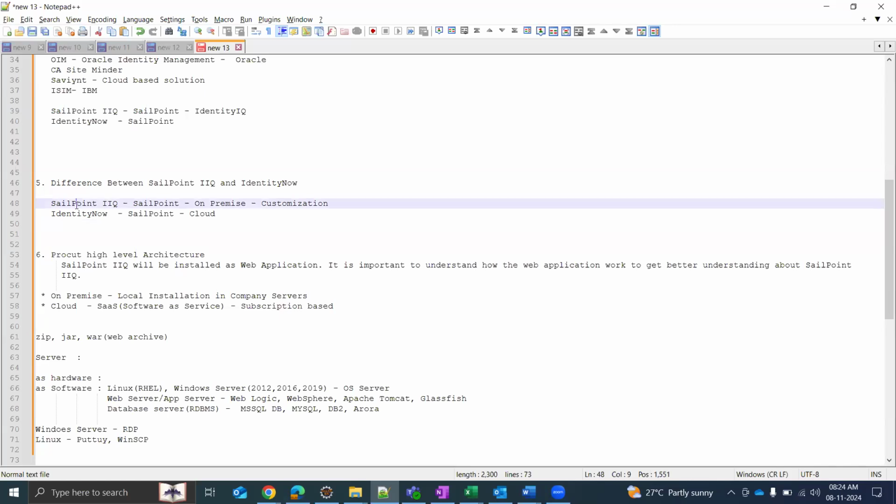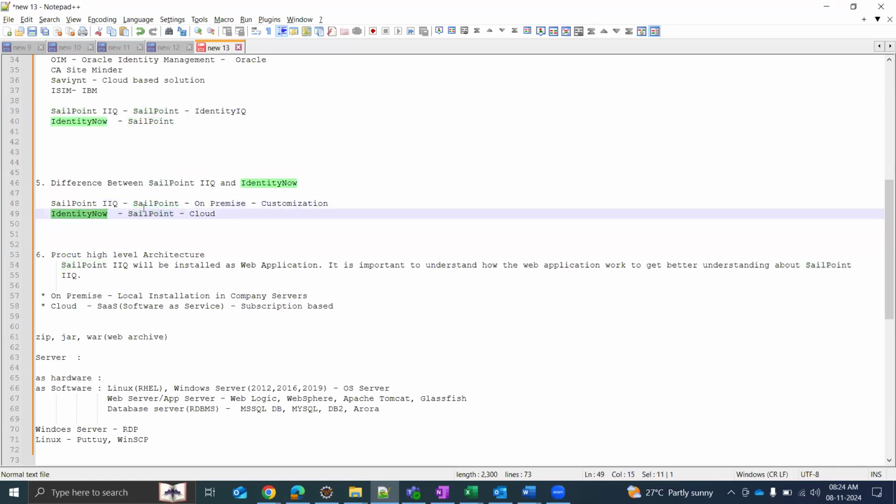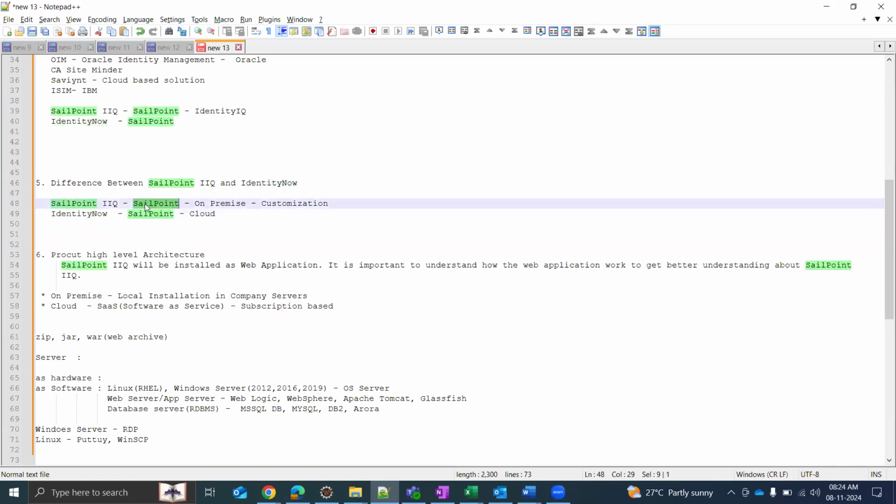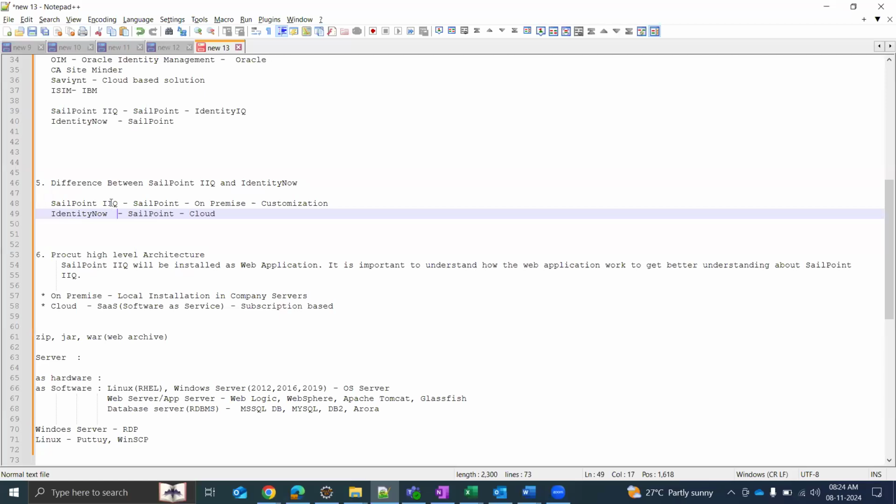And as IIQ and Identity Now are coming from the same vendor, SailPoint, most of the concepts are the same, like 80 to 90% of concepts. The only difference in the implementation between IIQ and Identity Now is some terminology and the UI. Let's say if you want to configure an application in SailPoint, you will have the option of applications and application definition.